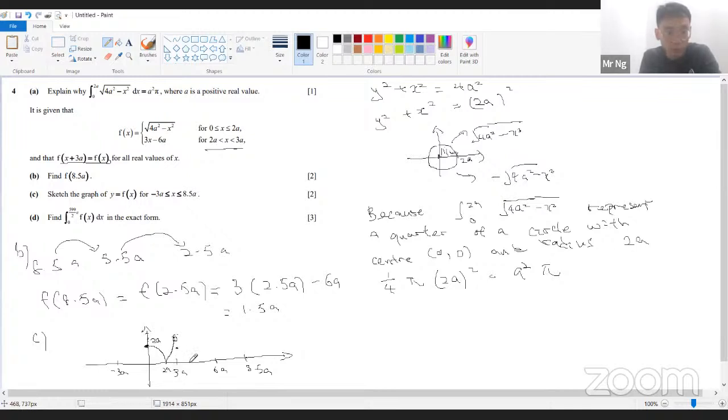Here is 2a, after that here is 4a. Pardon my asymmetrical drawing, but I'll try to do it properly. This won't go up all the way: when this one is 8.5a, this one is 1.5a, so it goes around until here.